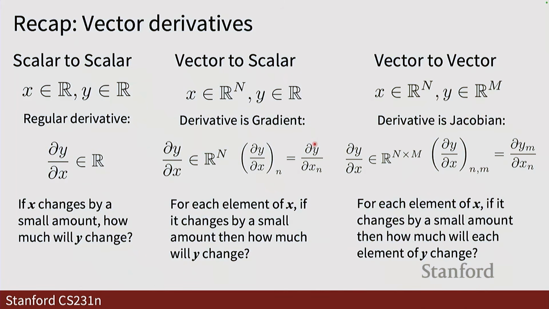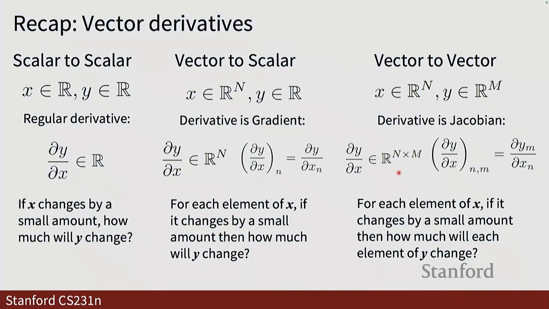And then there are also vector frameworks where x and y, both of them are vectors of arbitrary size n and m. In those cases, the derivatives will form a matrix, or what we call Jacobians.